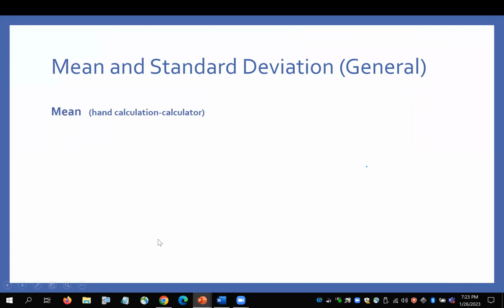So the mean, these are the formulas, mu equals the sum of x times P(x). Basically, you're going to take each value, each outcome, and multiply it times its probability, and then you're going to add them up. That's what that formula says. It says take each x value times its probability, and then add those results.